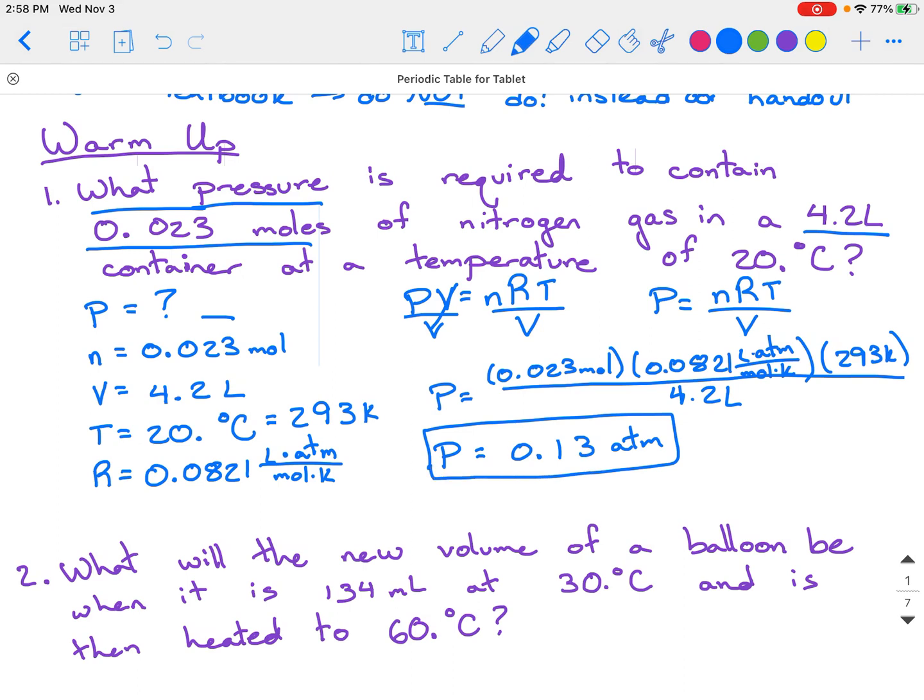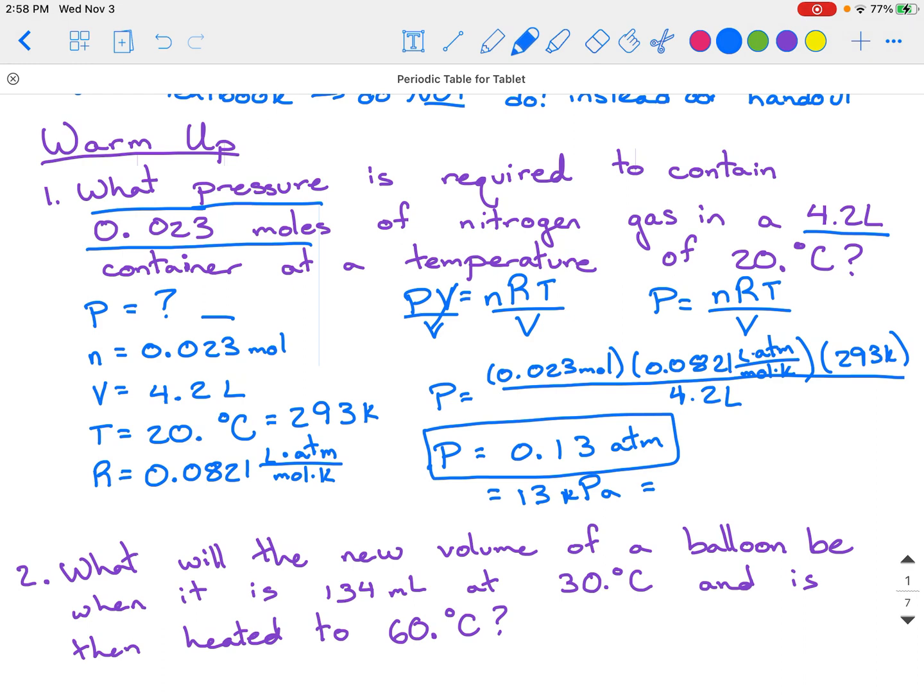If you did atmosphere, that would be the correct answer. If you chose to use the kilopascal number, that will be 13 kilopascal.